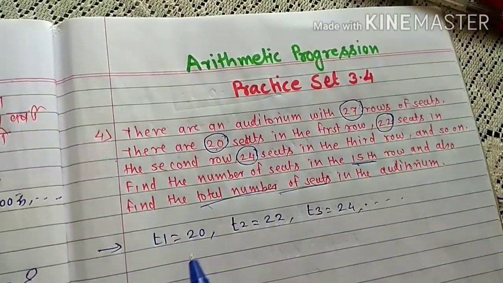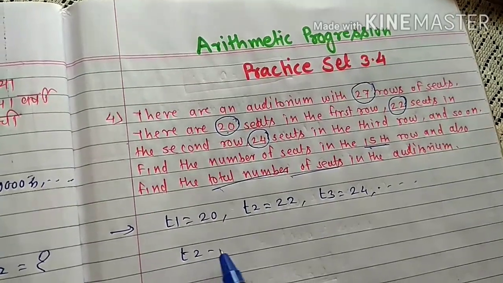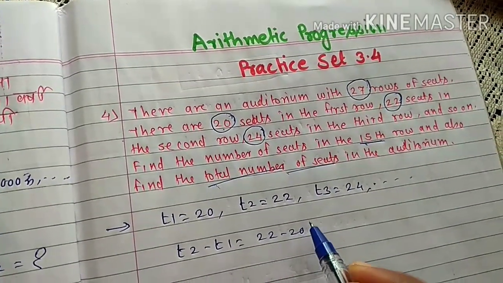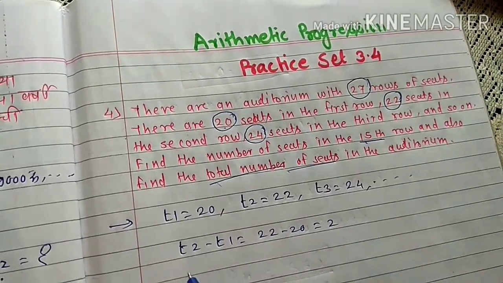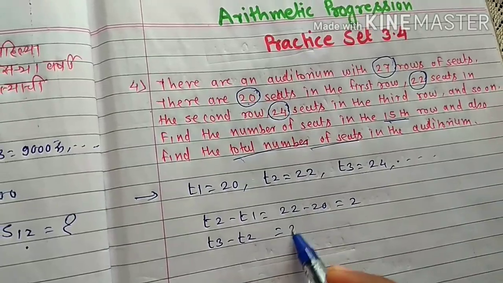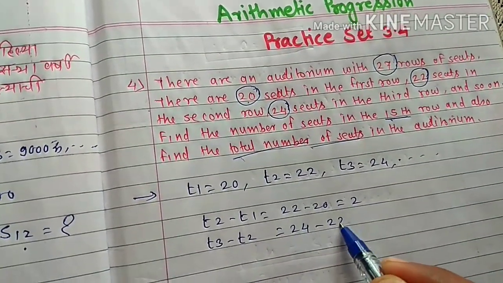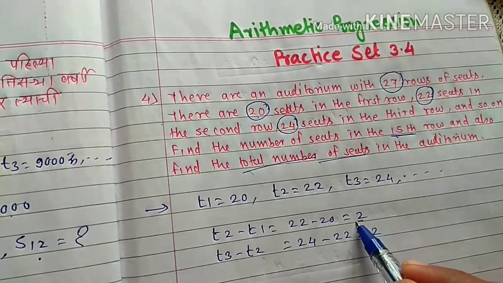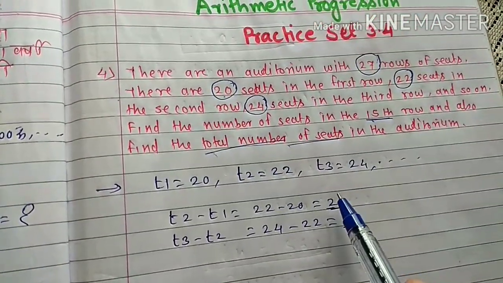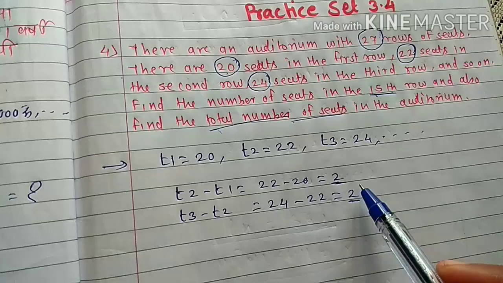So T2 minus T1 is equal to 22 minus 20, which is equal to 2. T3 minus T2 is equal to 24 minus 22, which is equal to 2. See here, 2, 2. So the common difference between two consecutive terms is constant.